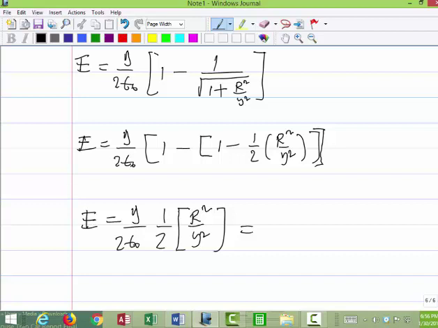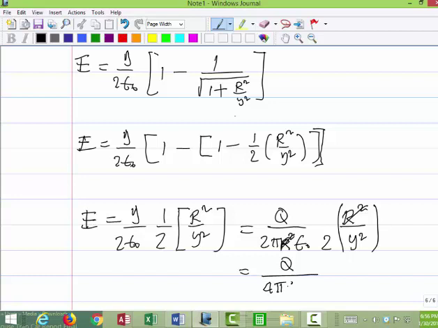So we can write it this way: eta over 2 epsilon naught gives q over 2 pi r squared epsilon naught, with the extra 2 there. And this r is just the radius of the disk. We have an r squared here divided by y squared. So this becomes q, the r squared cancels out, divided by 4 pi epsilon naught y squared.